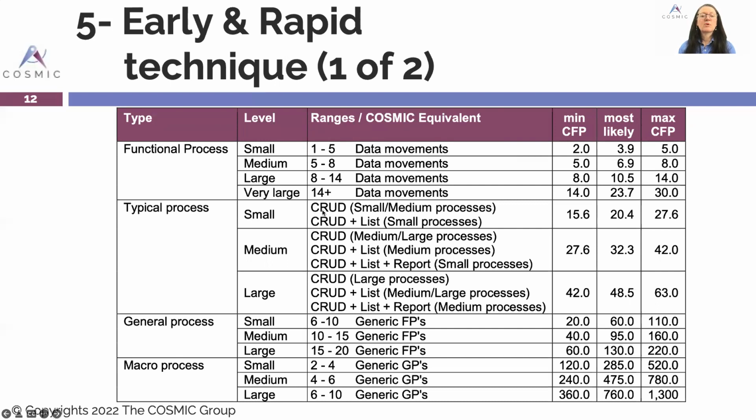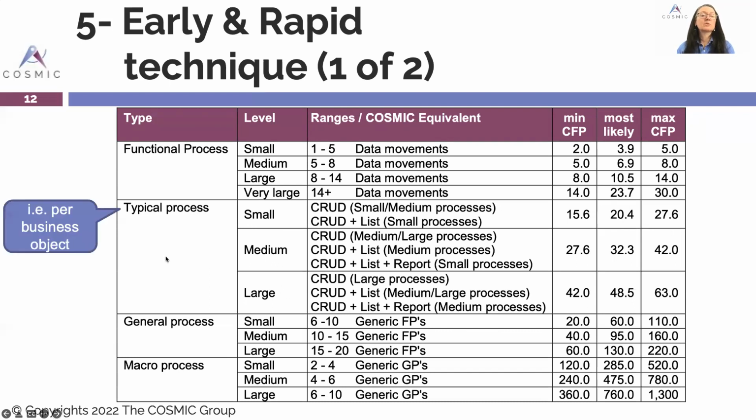It's create, retrieve, update, delete for small and medium processes. Then this varies between 15.6 and 27.6 with an average of 20.4 COSMIC function points. And then there's the medium CRUD and the large CRUD.